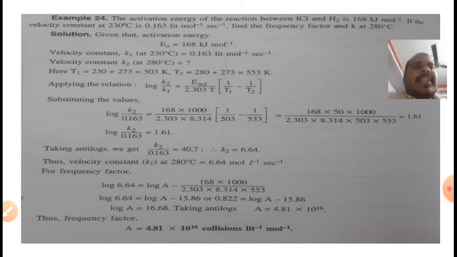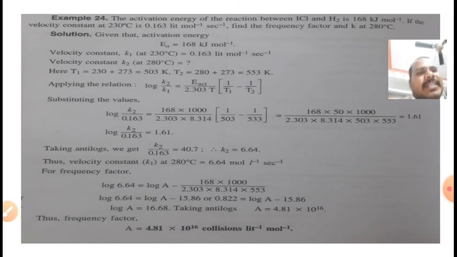Next, the activation energy of the reaction between ICl and hydrogen is 168 kilojoules per mole. Here he has given the activation energy, the Ea value, in the data. The velocity constant, that is the rate constant, at 230 degrees centigrade is 0.163 liter per mole per second.